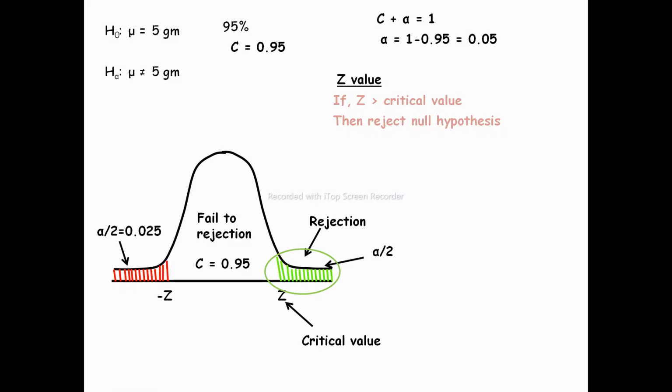If the value of Z is not coming in the rejection region, then do not reject the null hypothesis. You should keep it. We'll talk about this calculation of Z value in another video. For now, we'll discuss the one-tailed test.